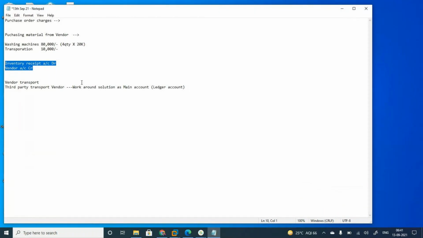Inventory receipt account debit to vendor account credit. Here we need to post 80,000 and here we need to post 80,000. But now the total cost is 90,000, so I need to update 90,000. If the vendor is arranging the third party transport, vendor transport, then I need to pay 90,000. Agree with me?